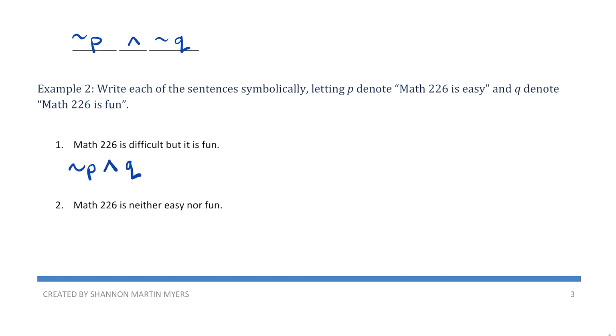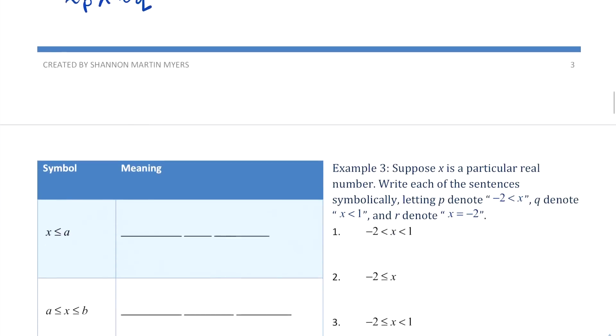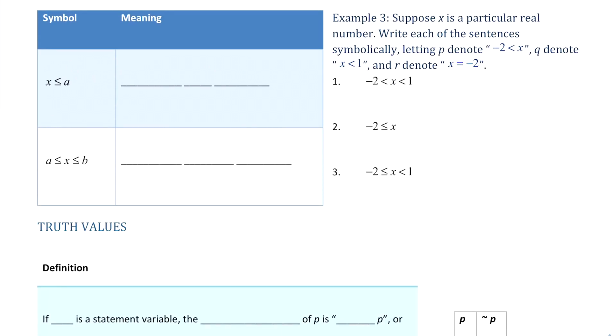So we would have not P and not Q. All right? Alrighty then. So now let's take a look at some more symbols, your favorite. So here, this is a bit of a review. If you have X less than or equal to A, what does that mean? Doesn't that mean that X is less than A or X is equal to A?